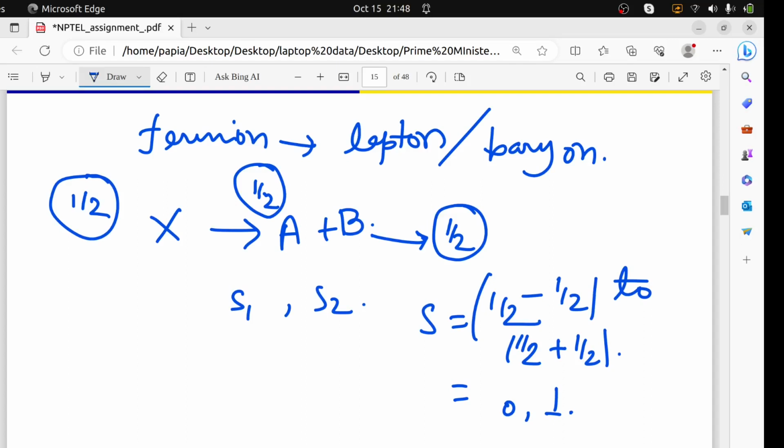So if it is 0 and 1, then you can see that the left hand side is half, which is not actually correct, because in the right hand side the spin is 0 and 1, and in the left hand side the spin is half. So that means the spin is not conserved if our B is a fermion, right?